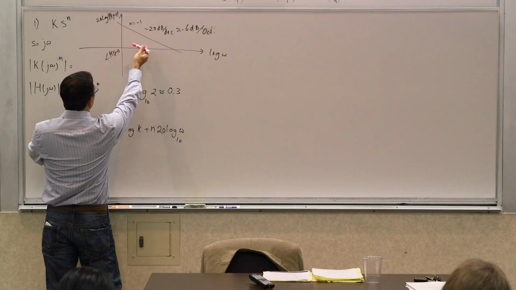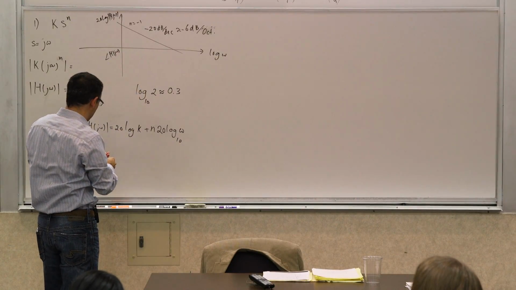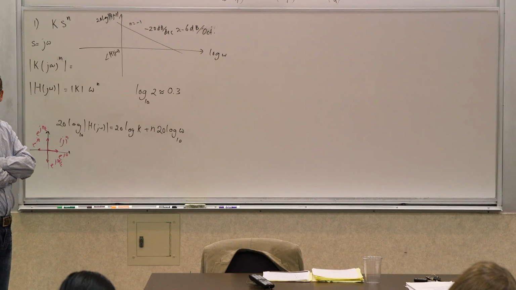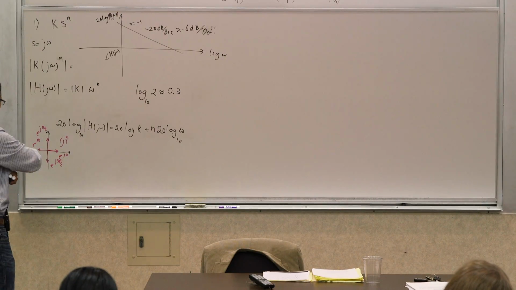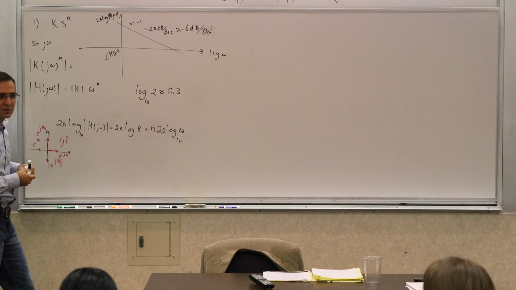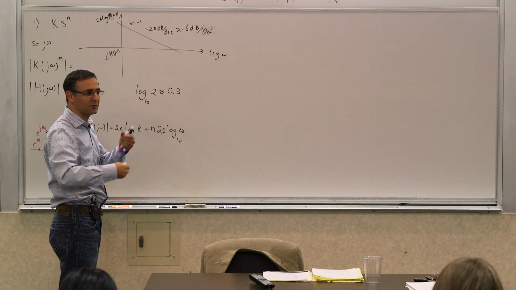In this example, what would the phase be if n is negative 1? You're going negative 1, so it's negative 90 degrees, which is also 270.